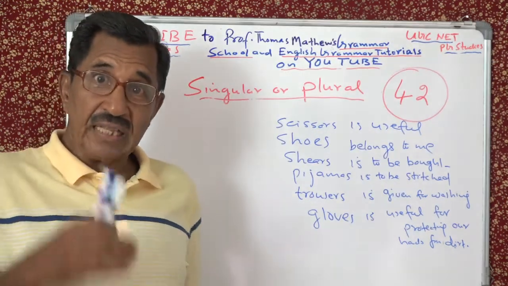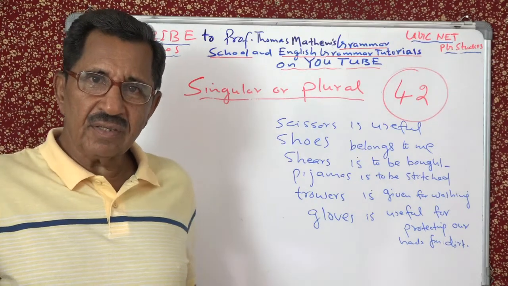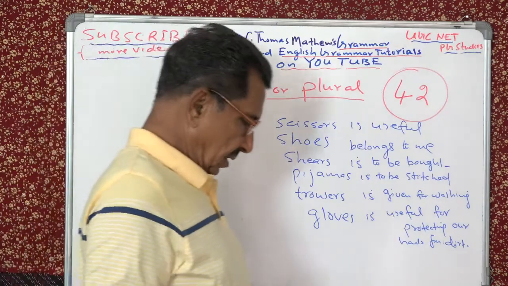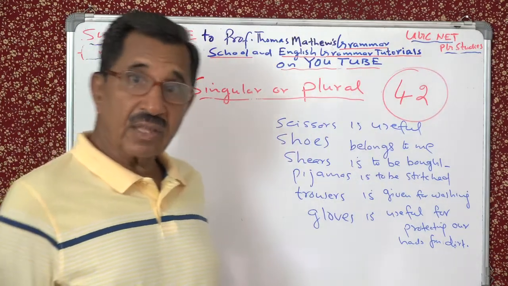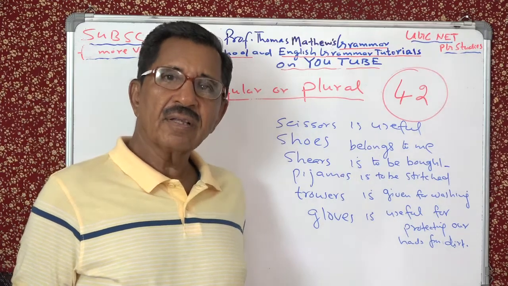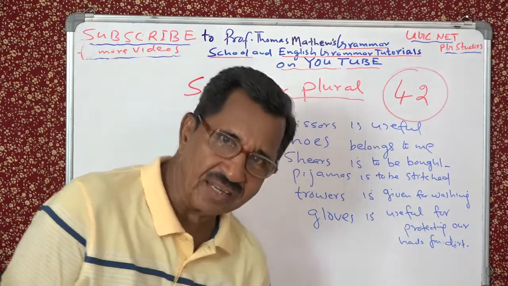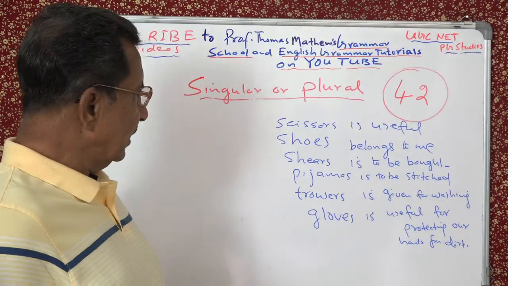When you use them with a pair of, singular, but when you use them without a pair of, then that is plural. Understand? So you can see the difference here.